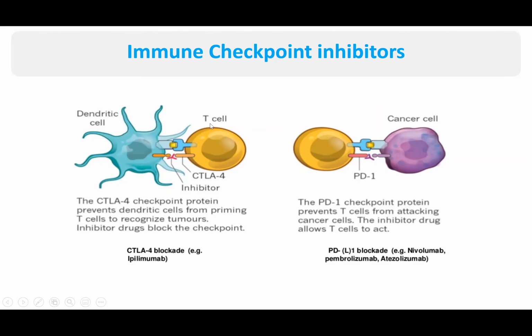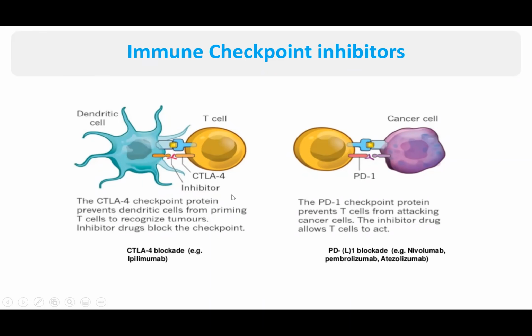If we talk about CD8 positive T cells, we talk about major histocompatibility complex class 1. And the second signal comes from interaction of CD28 expressed by T cells with complementary co-stimulatory molecules on the dendritic cell, like CD80 and CD86.